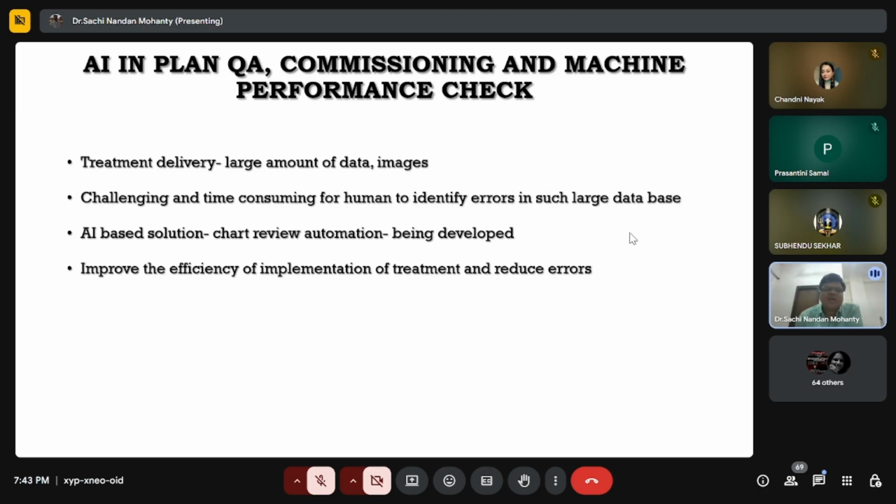For the treatment delivery, a large amount of data is required. Then AI based solution review and automation based development. After post treatment, AI is also quite helpful for how to survive long. AI models help to improve the efficiency of implementation of treatment and reduce errors.